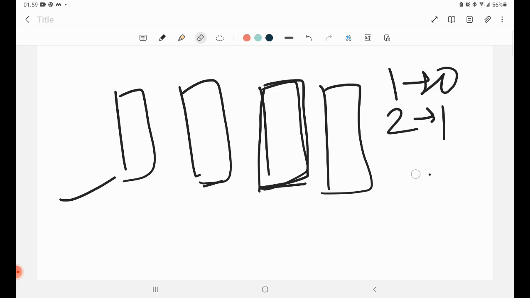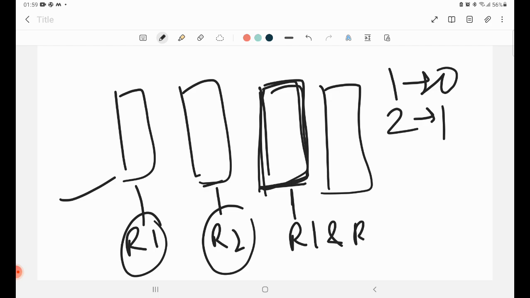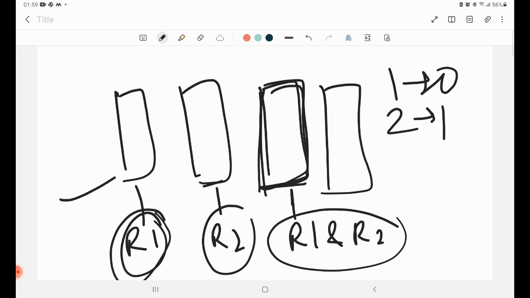See, I'll just come up with a more interesting solution. See what I could do. I could feed R1 the first bottle. I could feed R2 the second bottle. And with this particular bottle, I could feed both my rats R1 and R2. So now the solution goes somewhat like this: if R1 dies, that means it's the first bottle. If R2 dies, that means it's the second bottle.